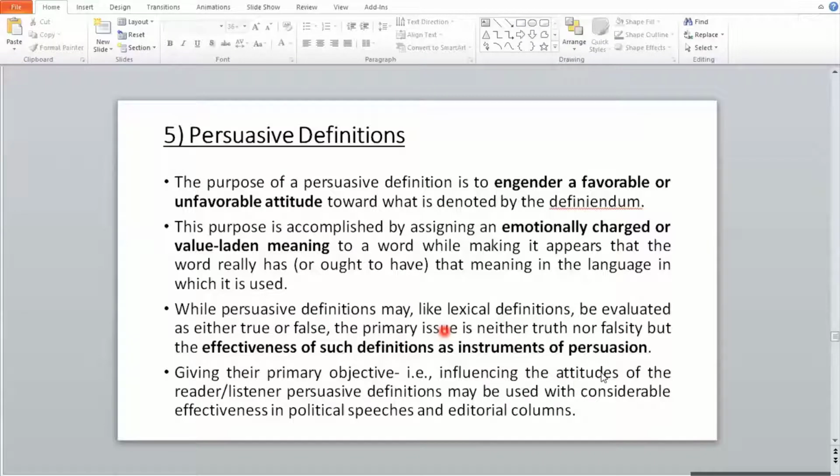It might be favorable or unfavorable. So the primary objective of this is influencing the attitudes of the reader or listener. Persuasive definition may be used with considerable effectiveness in political speech and editorial columns.